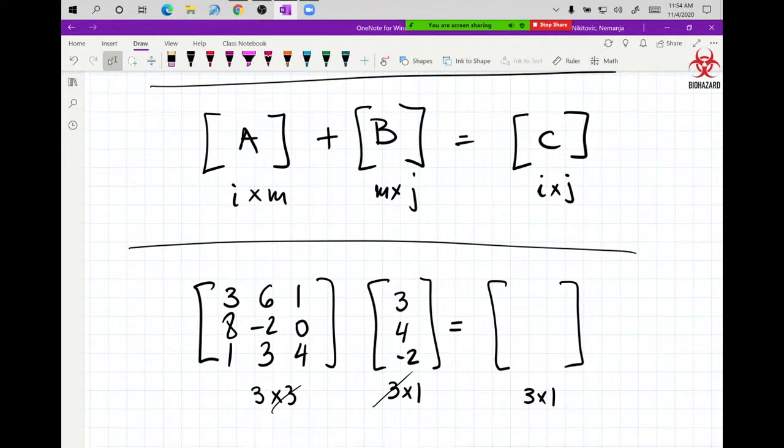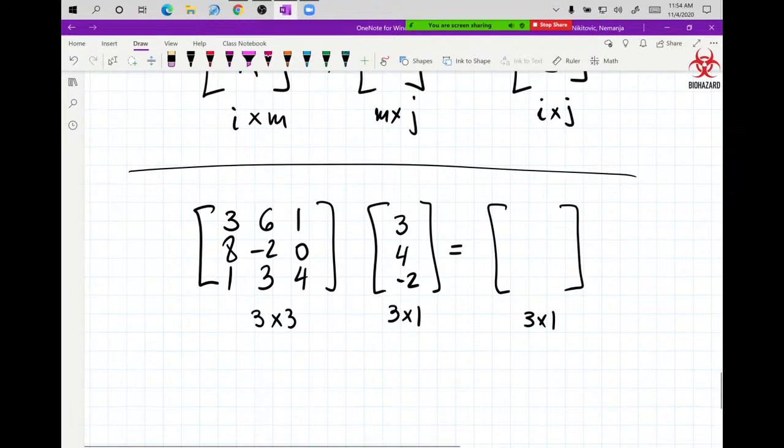So please look at the formulation above, right? You see that those inner 3's are canceled, those are your M's, and then your I and J, which are the outer ones, are the size of the outer matrix. So now, if M doesn't match M, you can't multiply at all. That is a restriction on multiplication, and you absolutely must follow that.